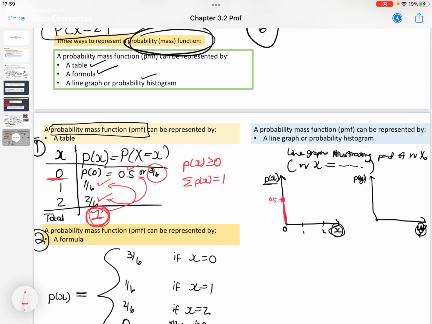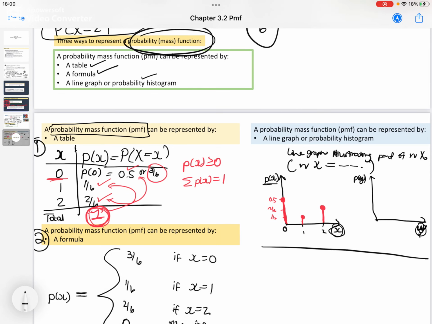We will draw a line up until the corresponding y value, 0.5, for x equal to 0. For x equal to 1, the probability is 1 divided by 6, so you draw a line up until that corresponding point. And when x equal to 2, the probability is 2 divided by 6, so you draw a line up until the corresponding point. So that's a line graph.